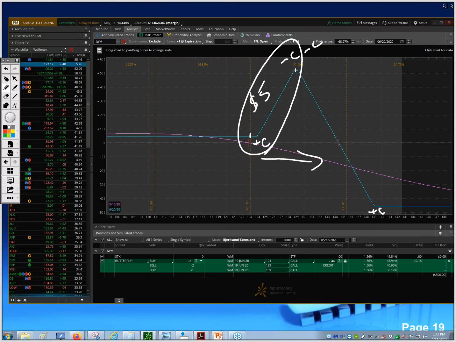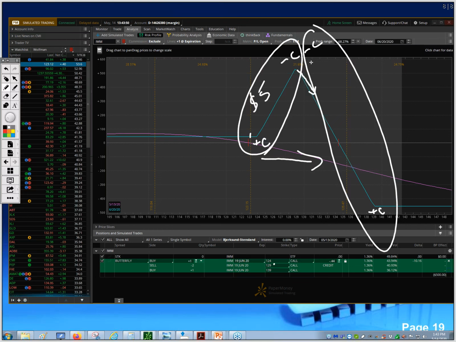So as this market moves higher, this call spread increases in value by $5. Now we go over this short strike here on the 129s. Well, we see our max profit start going down, right? And the reason why is this call spread is worth $5, and it's staying worth $5, but now we have a short call spread here, right?